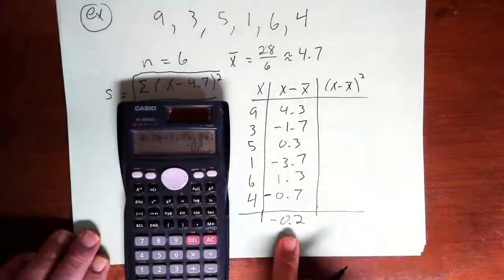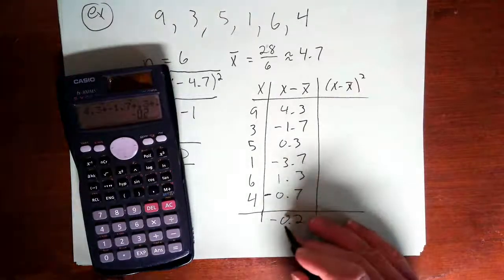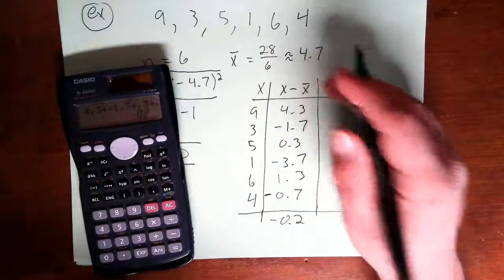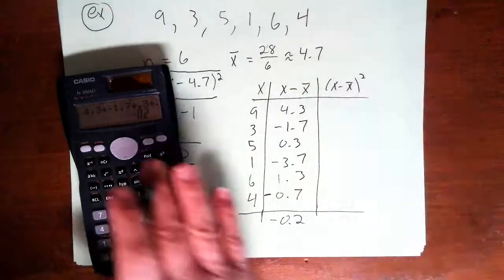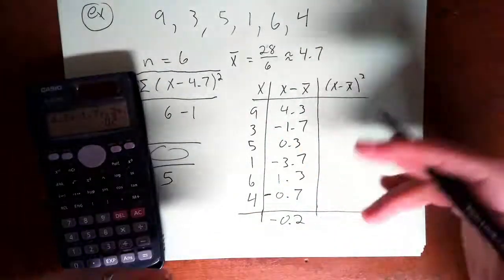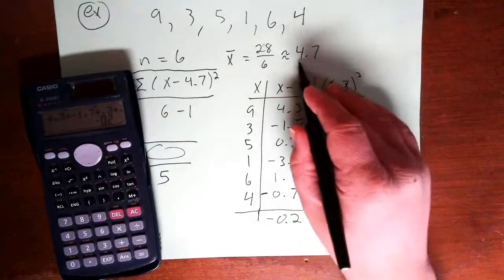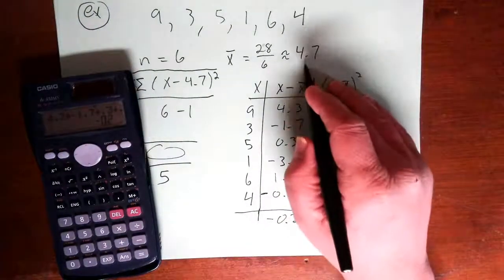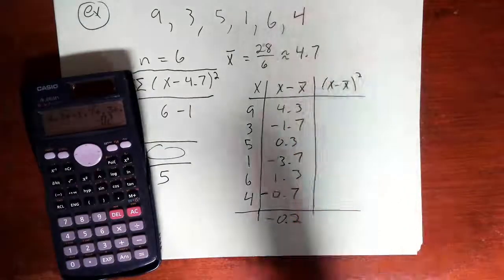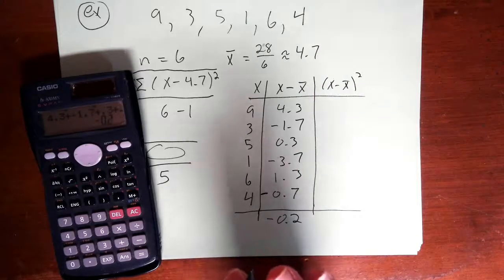So the reason this normally cancels out to 0 is that the mean is the balance point of the data set. It's actually where the data set balances. So the distances below cancel out the distances above. But in this case, I had to round the mean, so the 4.7 isn't the exact balance point of the data.